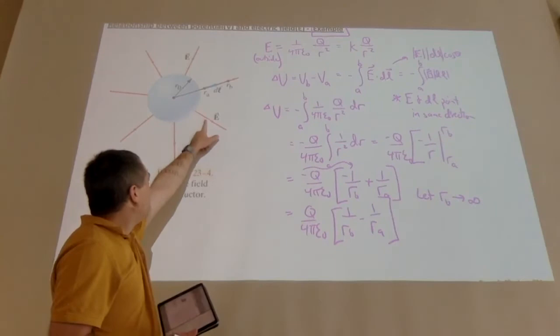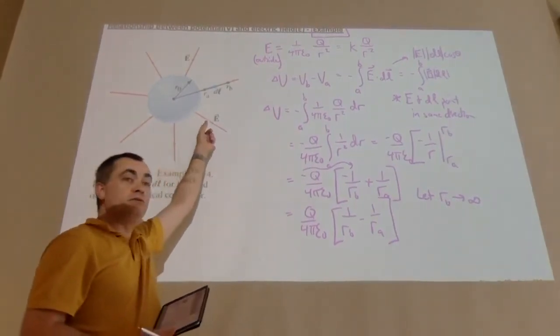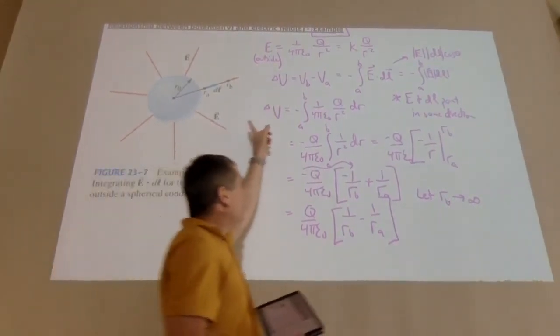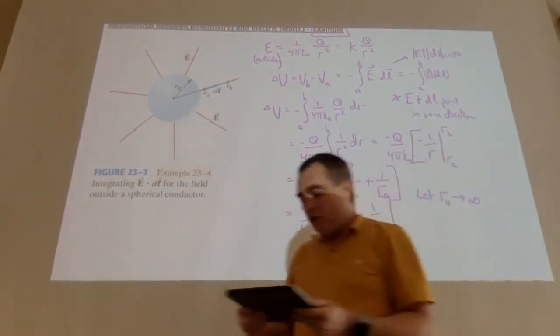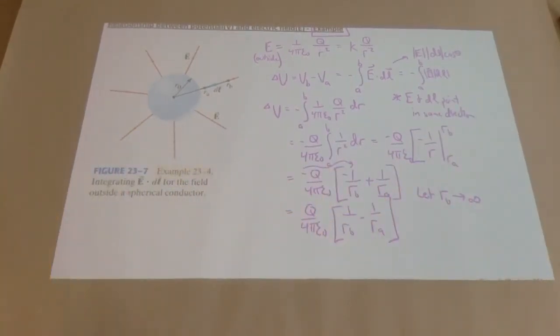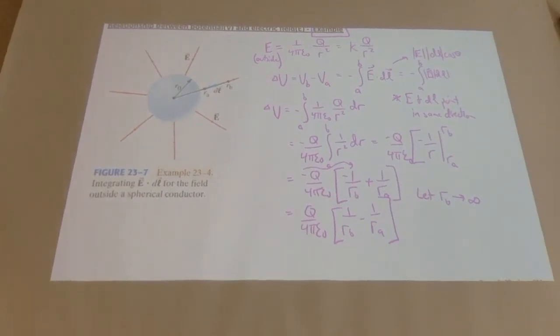So we're going to go from a point relatively close, RA, to some point that's very far away from my conductor. Remember, if I get very far away from any charges, then at that point we could say that the potential at point B is 0.